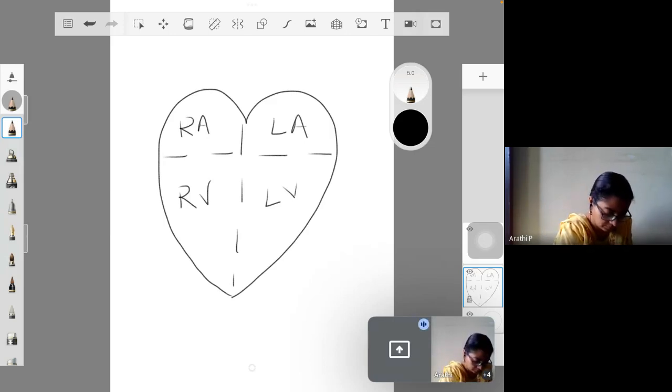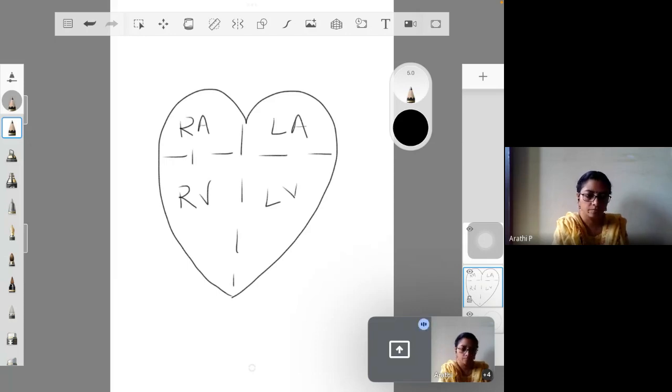Now, if we look at it, the left side interacts only with the, let us say, the blood goes out from the left ventricle. The blood cannot go otherwise. So we have right atrium to right ventricle, left atrium to left ventricle.